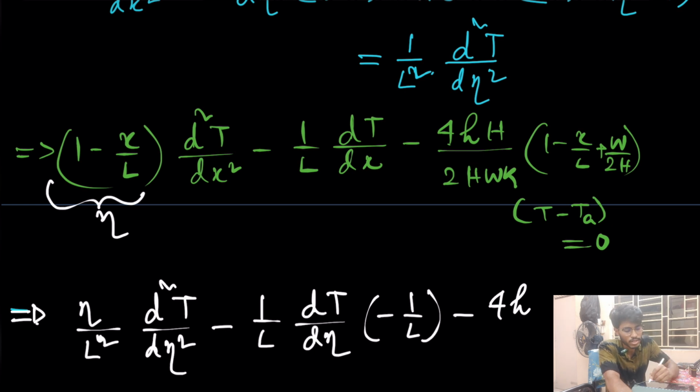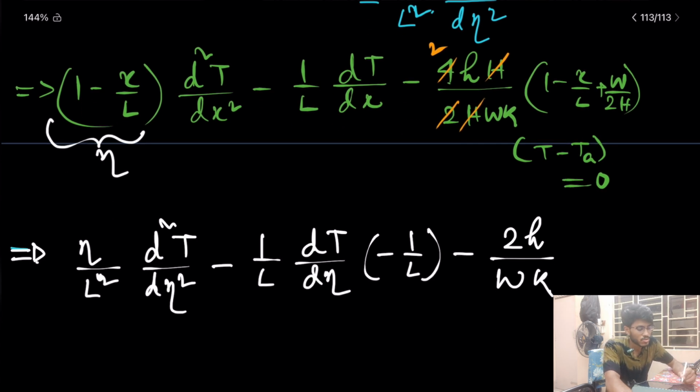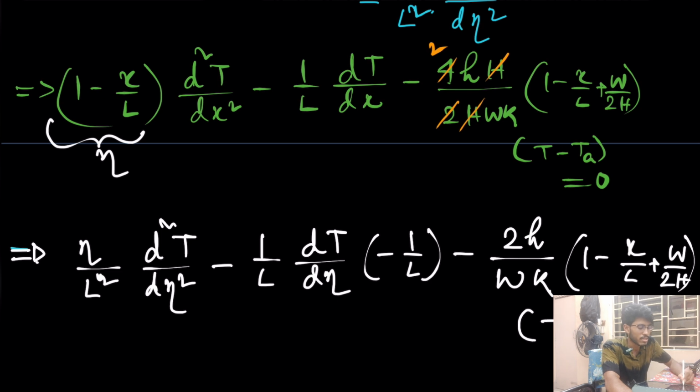Okay, so now here I can make some simplifications, that is this will be cancelled out, so 2 and 2 and capital H capital H, so this will be 2h by wk, right? So again this is 1 minus x by L, w by 2h into t minus ta is equal to 0.